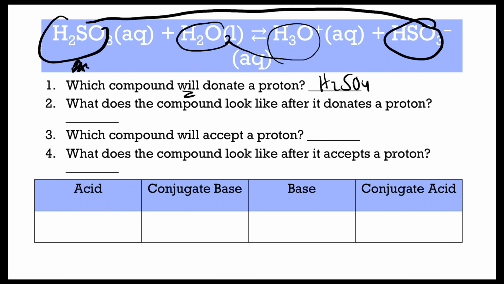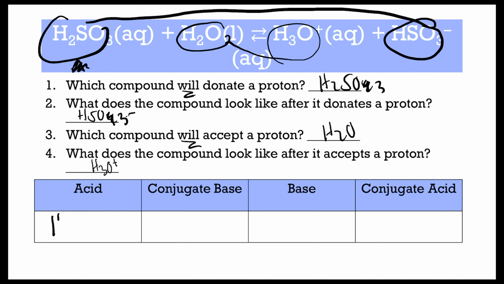Once it actually does that donating, it looks like HSO3 minus. Which compound has the capability of accepting a proton? That is H2O. Once it actually does the accepting, it looks like H3O plus.